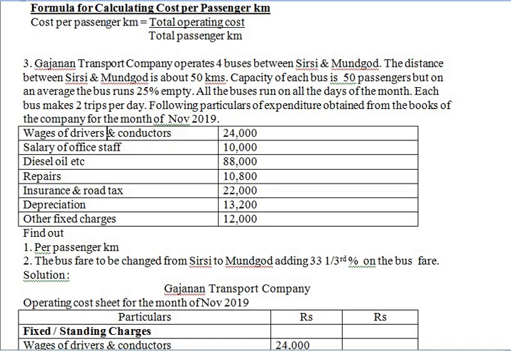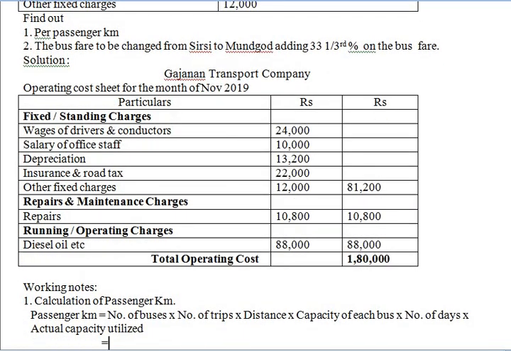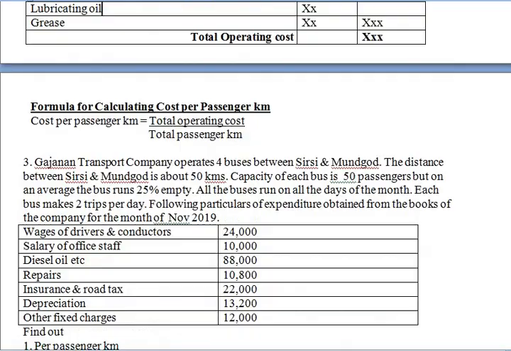Operates 4 buses between Sirsi and Mundugod. So here you write 4 buses into number of trips. The distance between Sirsi and Mundugod is about 50 kilometers.